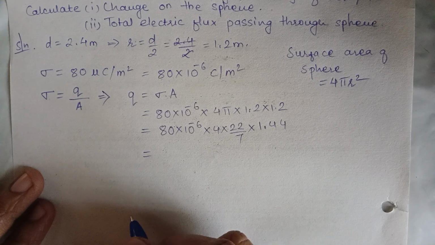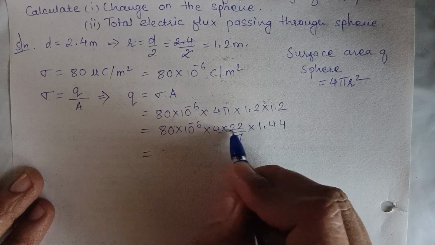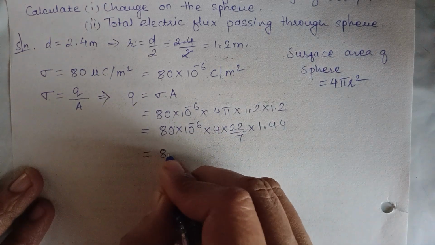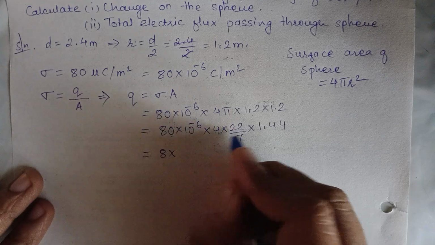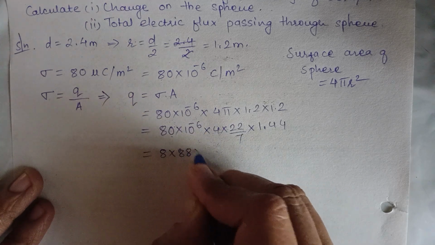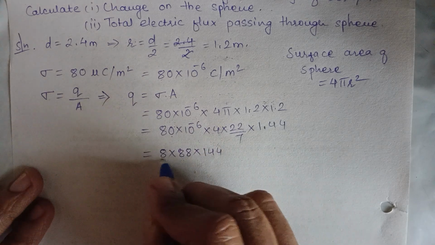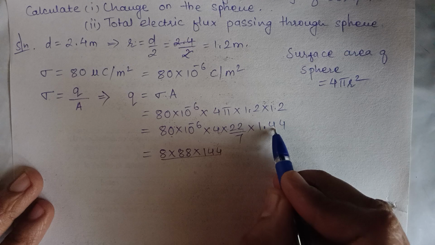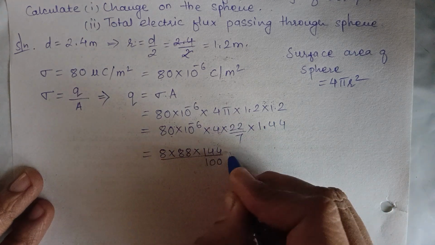So I'll take 8 into this, this will be 88. This is 144. So 144 means I'm removing the point, so this will be upon 100.